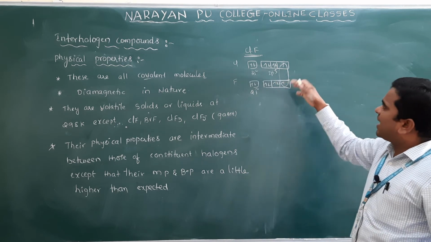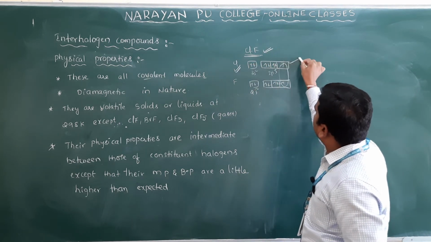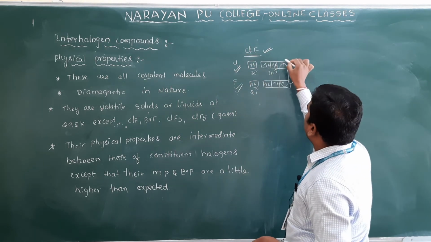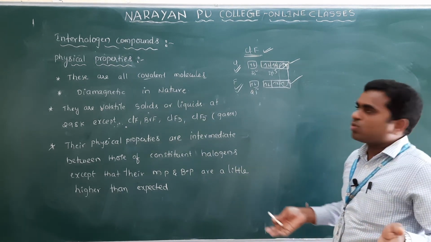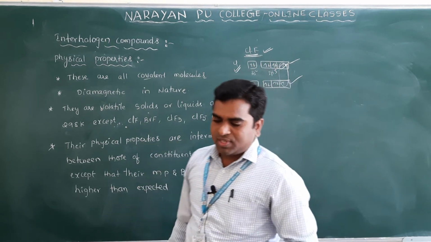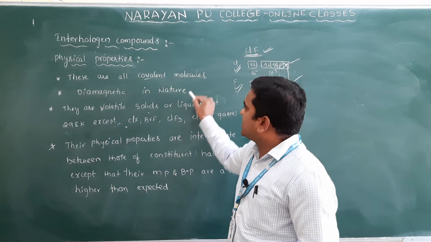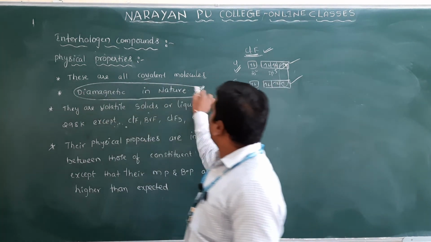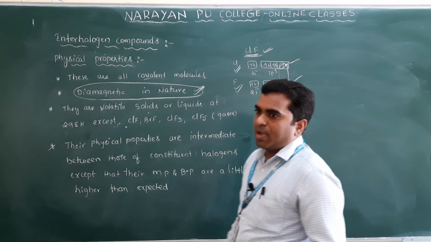Is there any unpaired electron in the molecule ClF? Chlorine itself has one unpaired electron. When they combine, these two electrons pair together, so in ClF there will be no unpaired electrons. So that's why these are diamagnetic in nature. Important. So interhalogen compounds show diamagnetic nature.